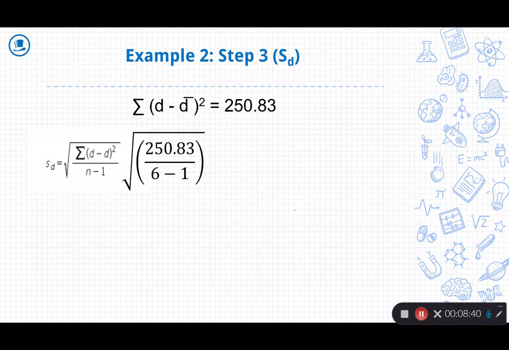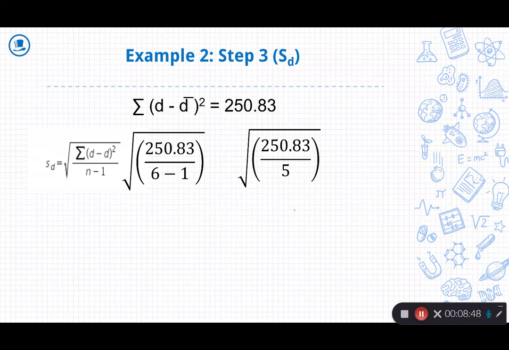Now I've got to solve all that. That's why I put the parentheses in before we take the square root. So that becomes 250.83 divided by 5, which becomes 50.17. And we take the square root of 50.17, and it is 7.08. So the standard deviation of the differences, S sub D, is 7.08.